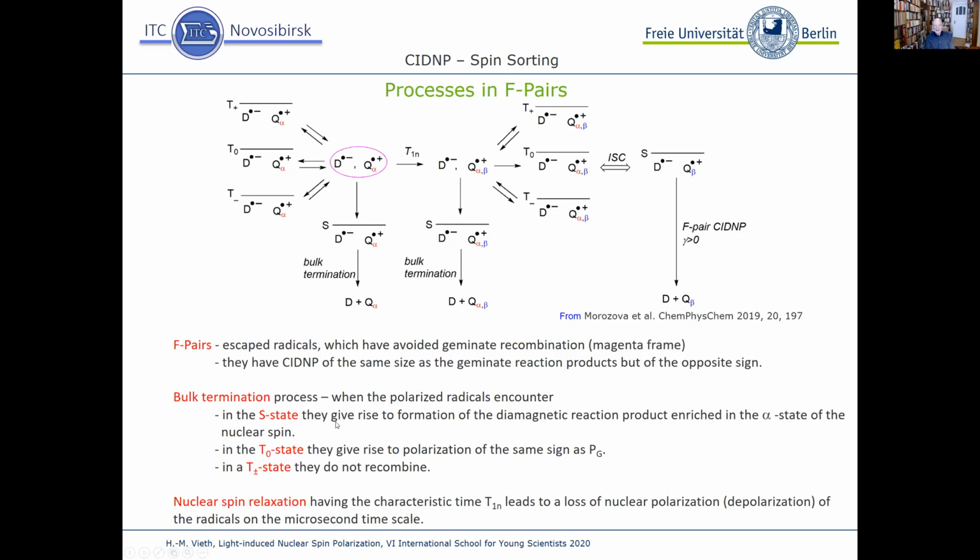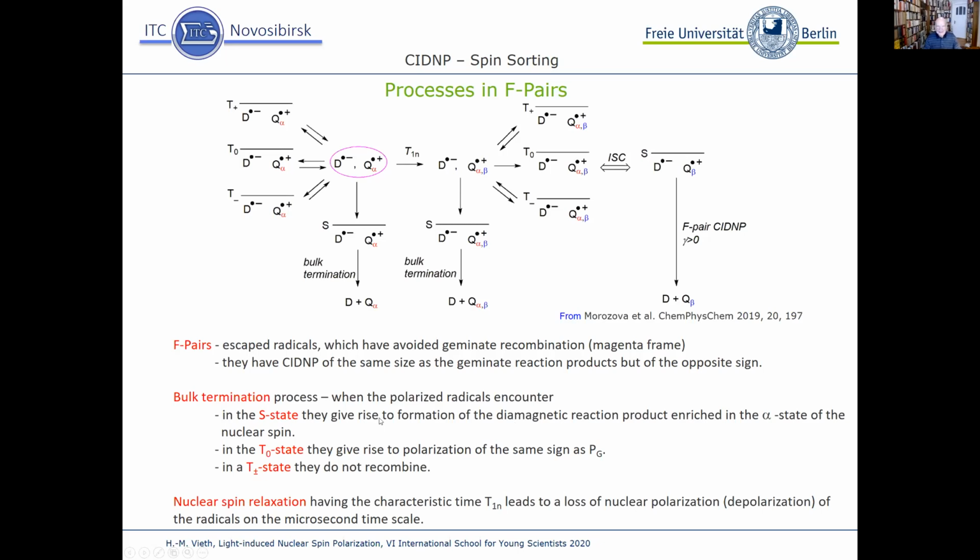And the reaction rates, the reaction probabilities when they meet in such an encounter are different once they are in singlet, in triplet 0, or in triplet T plus minus state. In the singlet state, they can form the final reaction product.